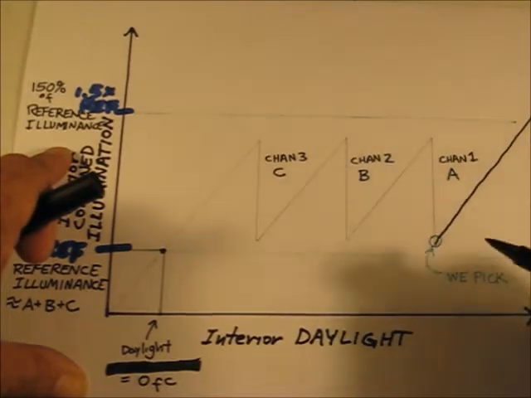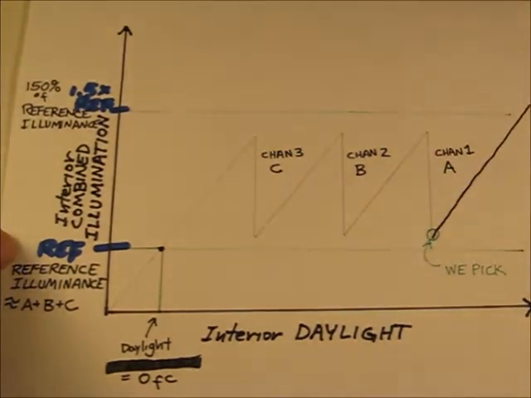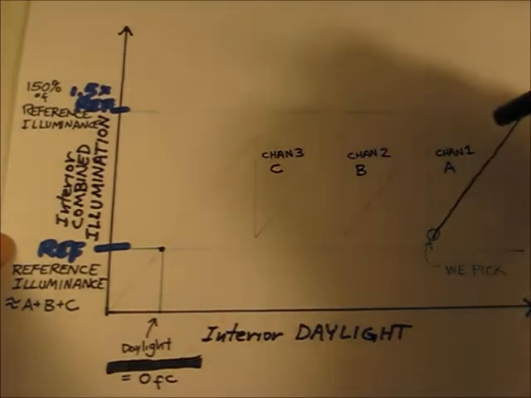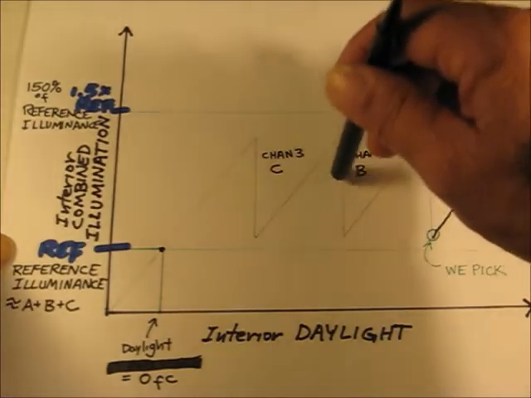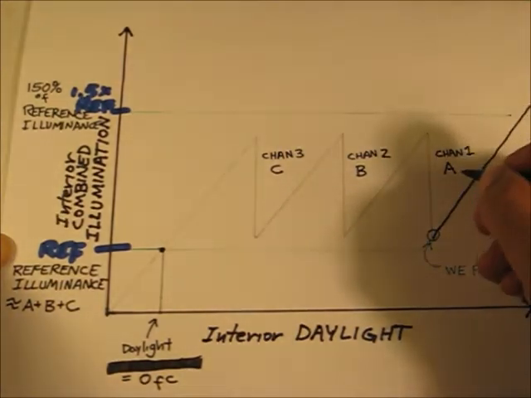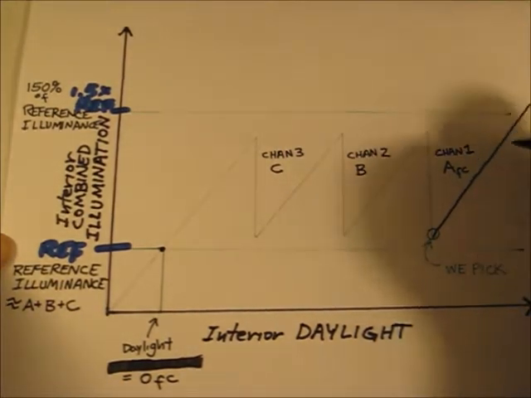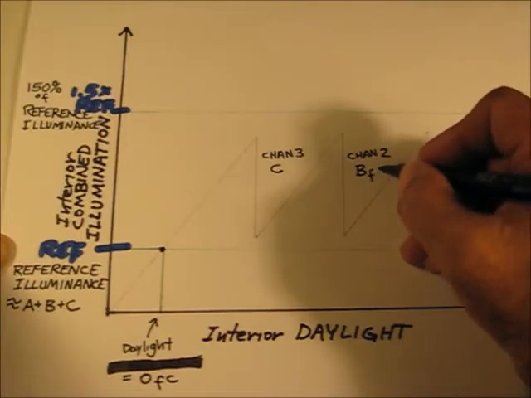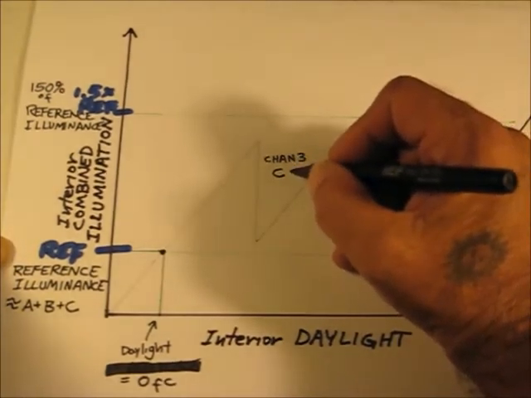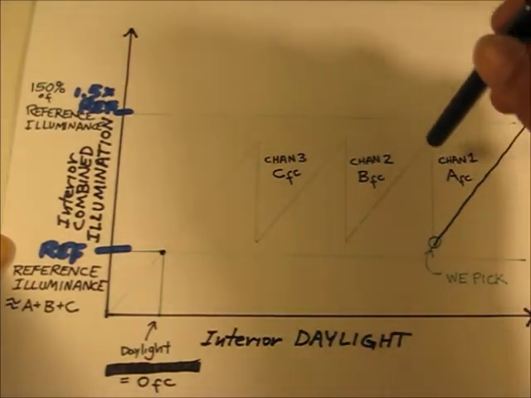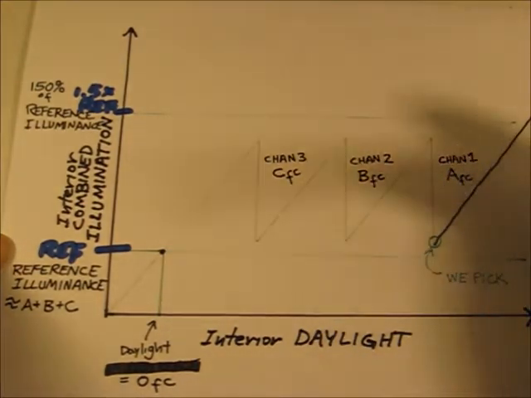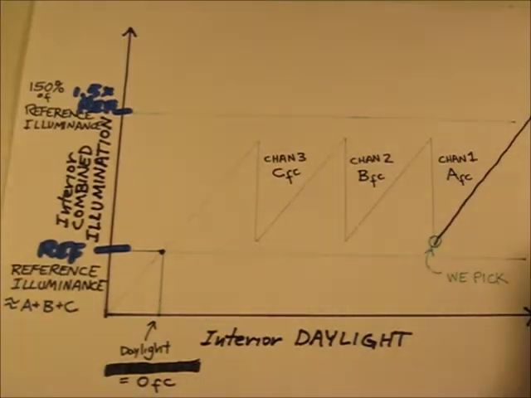Now, before we get to our reference illuminance, which is equal to the lighting from A and B and C foot candles, right? Because each of these things is the electric illuminance from channel 1 and 2 and 3 being turned on.